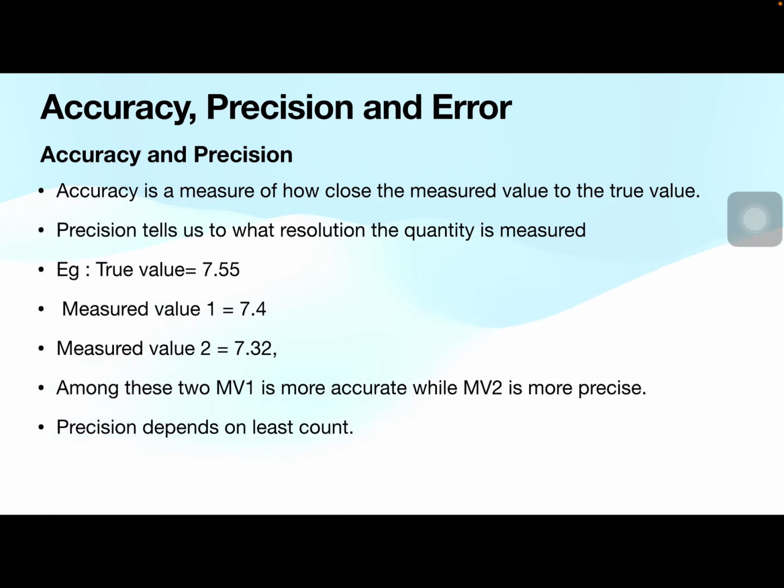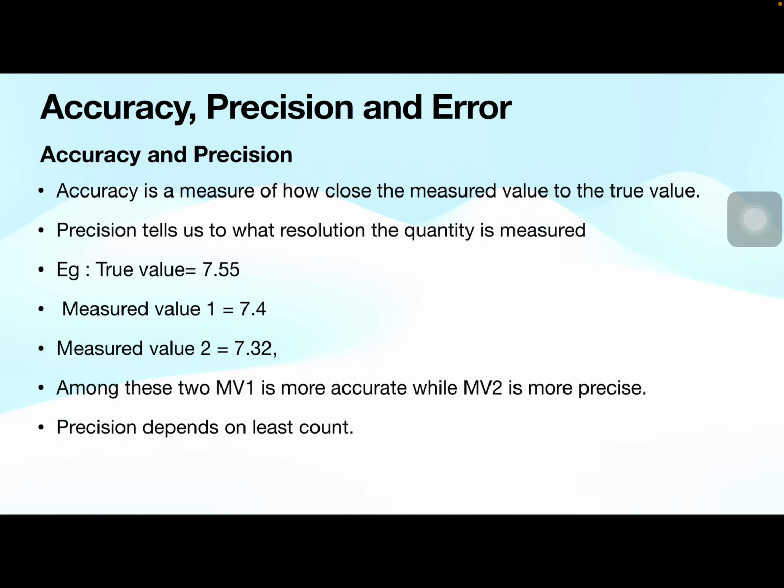In these two measurements, 7.4 is closer to the exact value 7.55 compared to 7.32. So you can say the first measurement is more accurate than the second one, because the closeness is more in the case of the first reading.